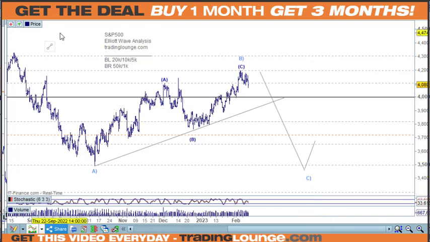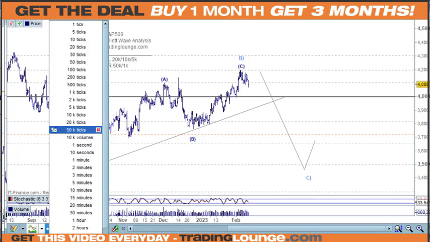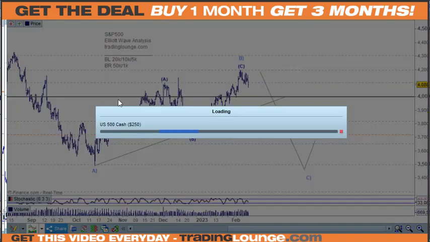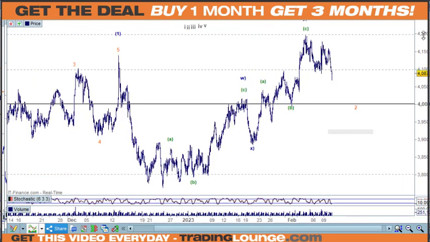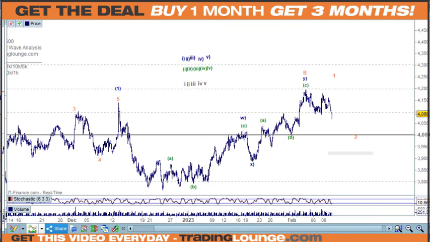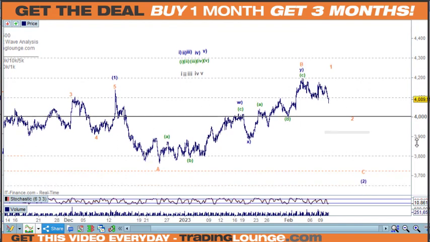So what we'll do is I'm going to go to the 10,000 tick chart here, where I keep bullish alternative counts. It's a little bit messy, but just hang here for a while until I do a few things.